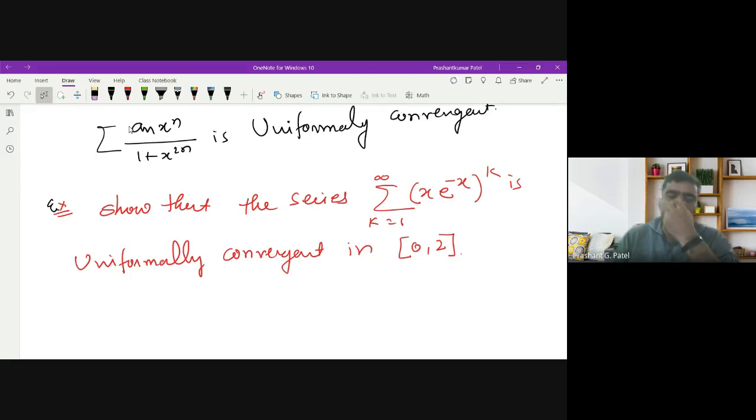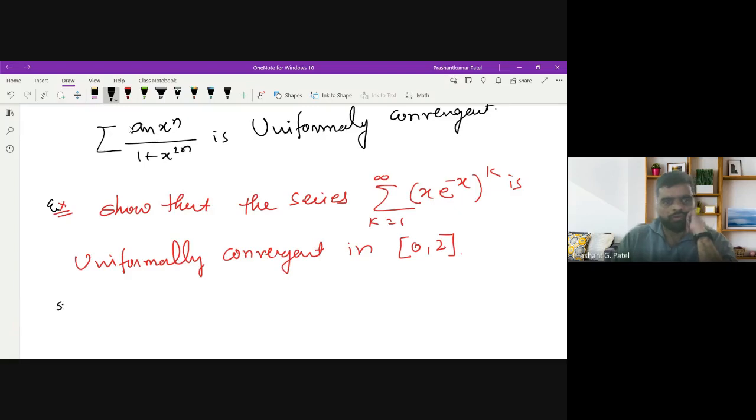So here the function is given as x into e power minus x power k, and your value of x is between 0 and 2.